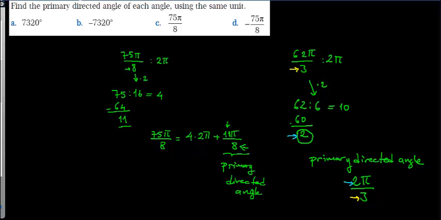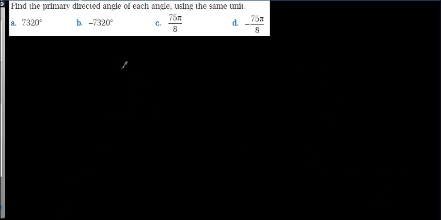Okay, what if the angle is negative, for example minus 75 pi over 8? Again, we are going to divide minus 75 pi by 2 times 8, which is 16, and we find the result is minus 4.